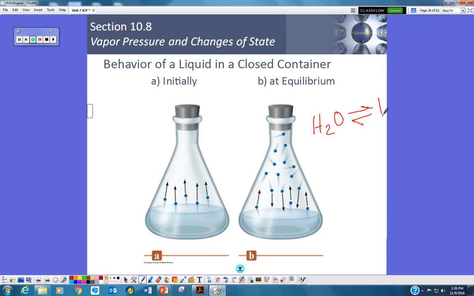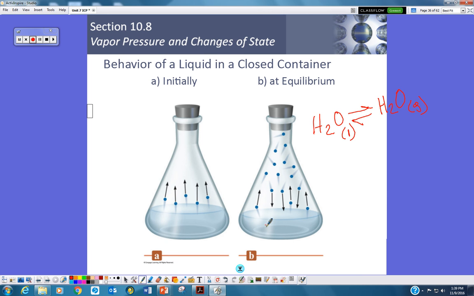At equilibrium, what we would have is the H2O liquid is at equilibrium with the H2O gas.